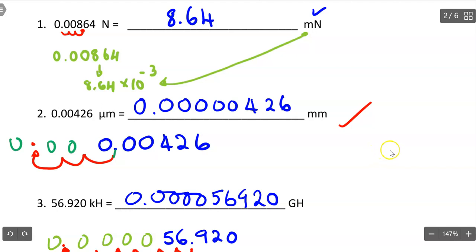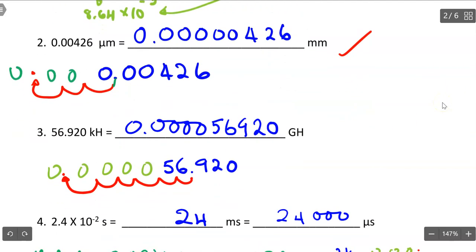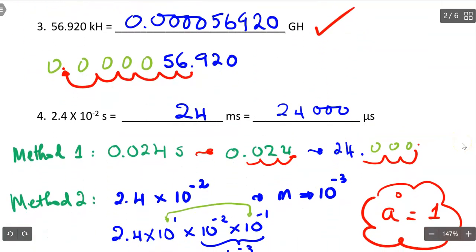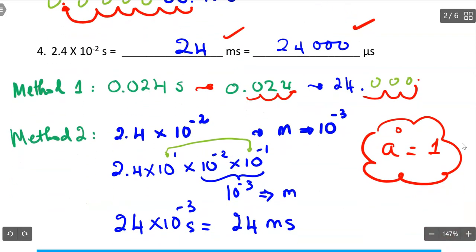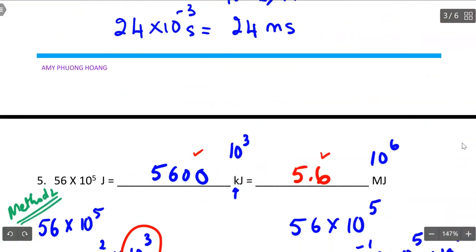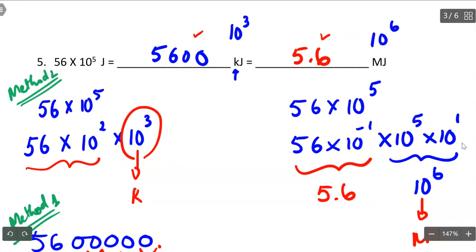Okay, and then we are going to move on to this number, and then we should have 4 zeros. 1, 2, 3, 4, 0. Okay, and then here we should have the 2400, which is again whatever method that you prefer, it's up to you.